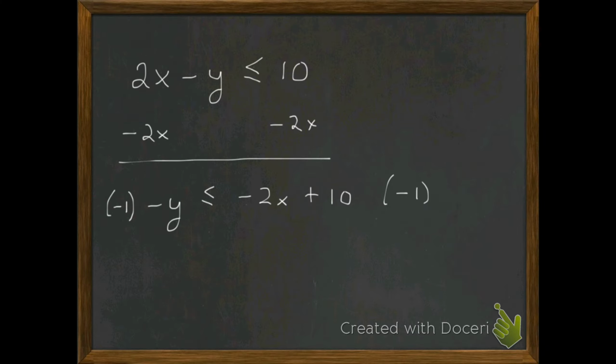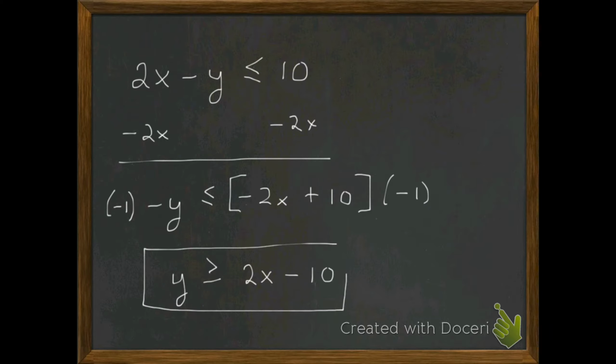Now, remember, when we multiply an inequality by a negative or divide by a negative, we have to change the sign. So, guys, instead of less than or equal, we're going to get greater than or equal. And multiplying the negative 1 through the entire right side, we get 2x minus 10. So guys, that's one of them that we're going to need to graph.